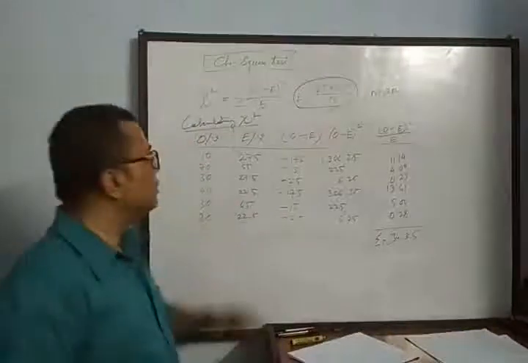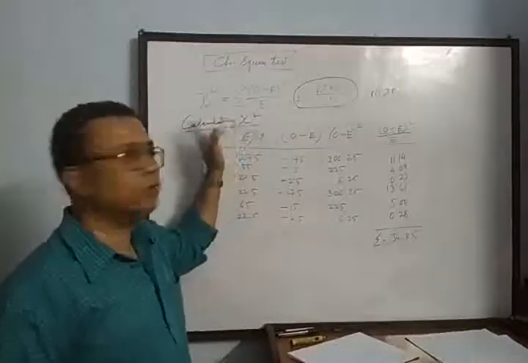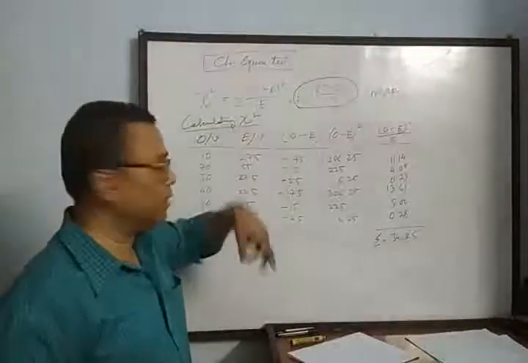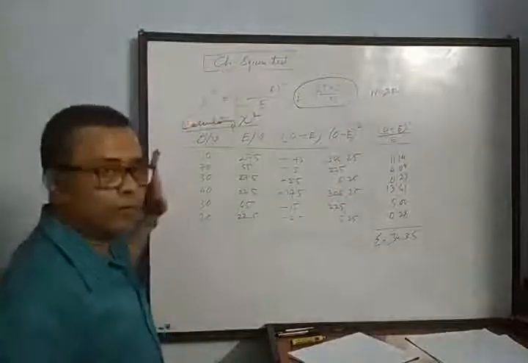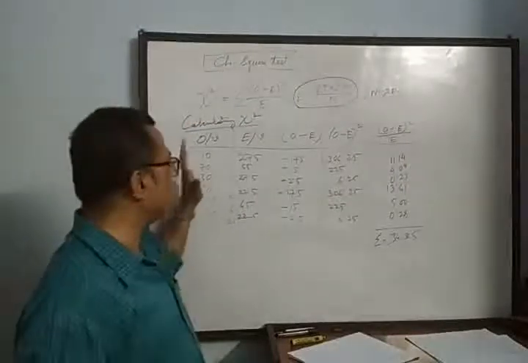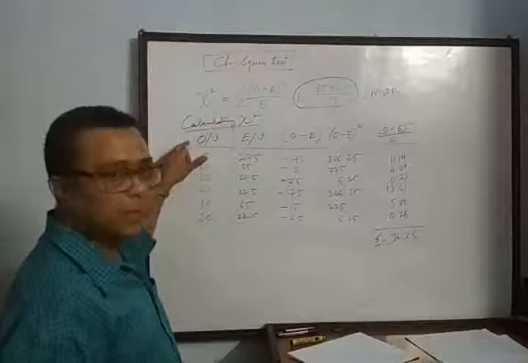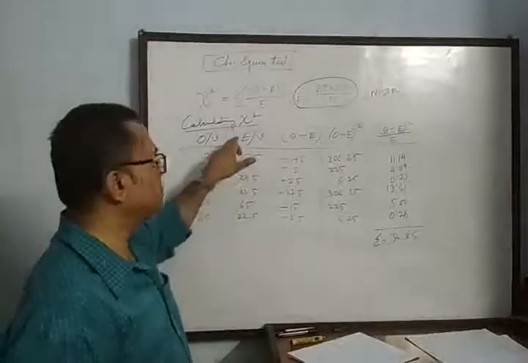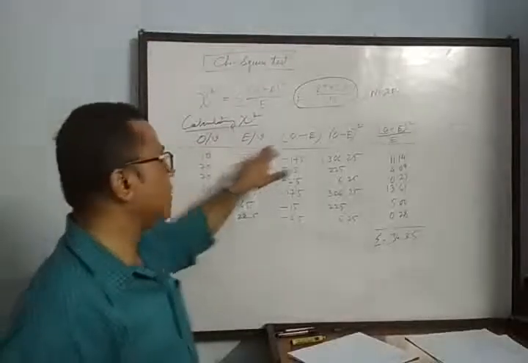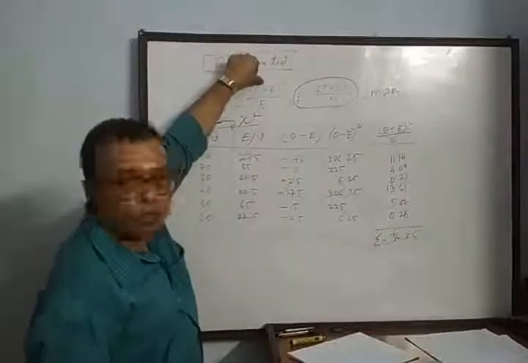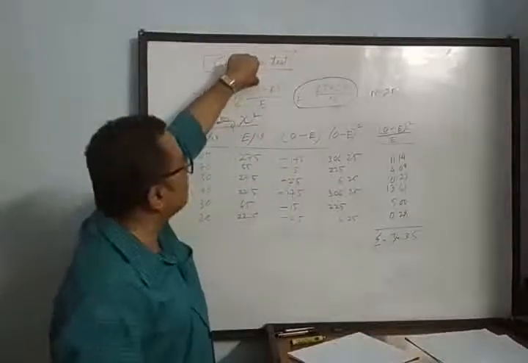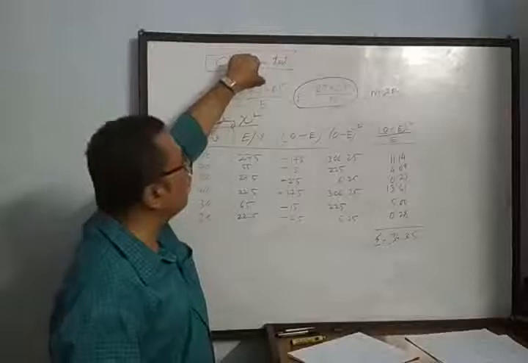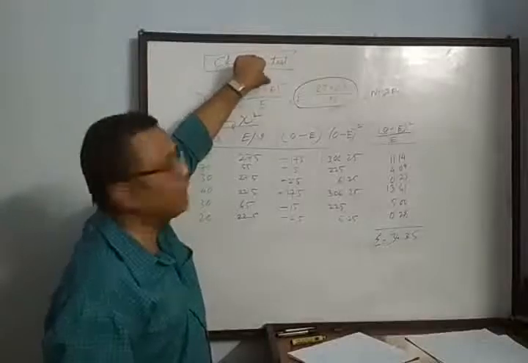Now come to the calculation part. Calculating the chi-square as per the formula. We will have to arrange the observed value, expected value, the frequency. Now in the formula we are required O minus E, that is observed value minus expected value.